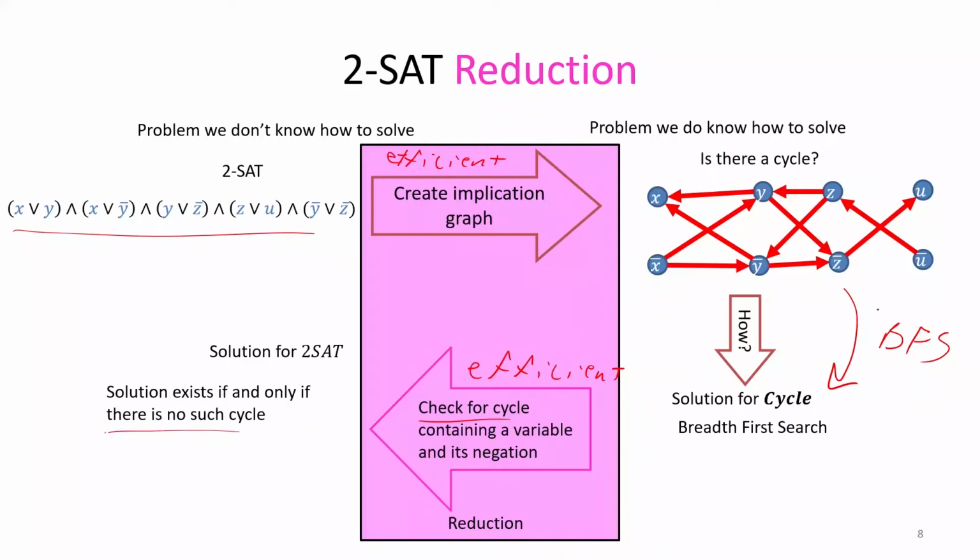So here I had 3 efficient things, so overall we have an efficient algorithm for solving 2-SAT, for determining whether or not there are satisfying assignments to this 2CNF formula.